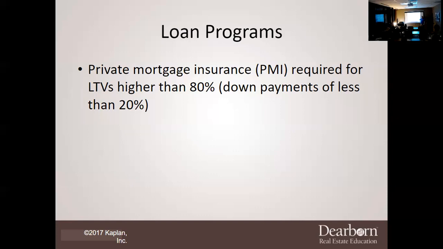But on an MIP, it never drops off. It stays on for the term of the loan. So even if you have 50% ownership, you still have MIP. PMI is the only one that can drop after you own 20% of your home. Make sense?